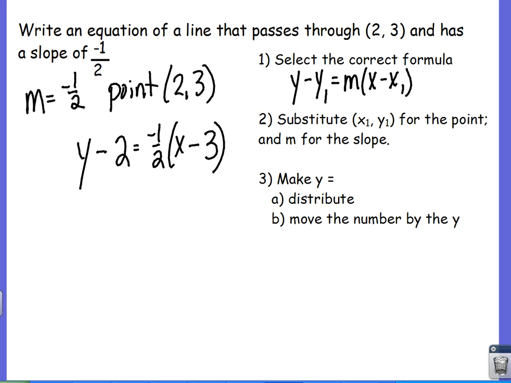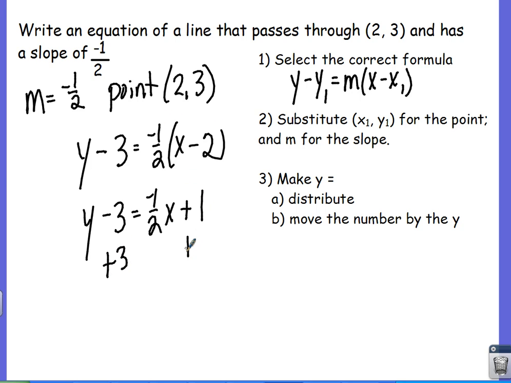No, sorry. Put the points in the wrong spot. Y is 3 and our x is 2. So I get y minus 3 equals -1/2 times the quantity x minus 2. We distribute, because all we're going to do, this turns to 1, and then we add 3. So y equals -1/2 x plus 4.